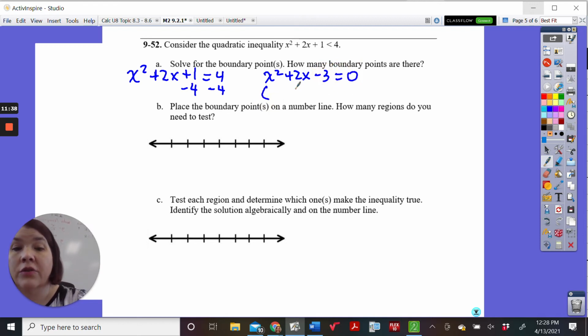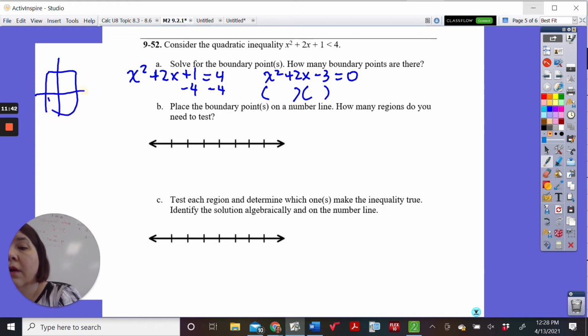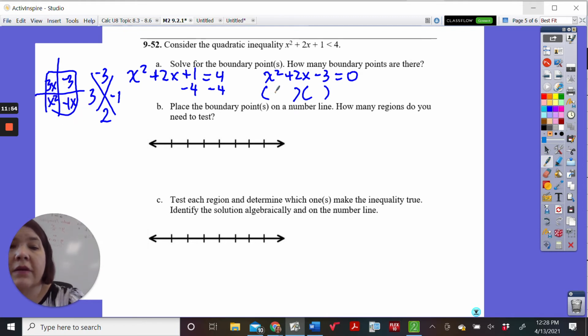This factors into x squared minus 3, negative 3, positive 2, 3 and negative 1, 3x, negative 1x. So that factors into x plus 3 and x minus 1 equals 0.